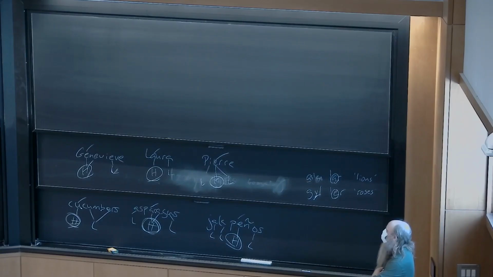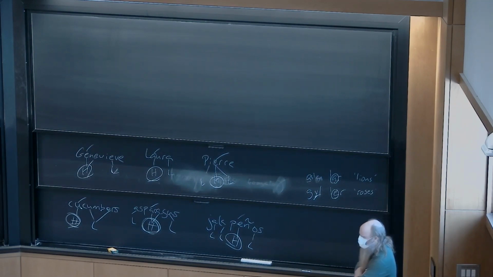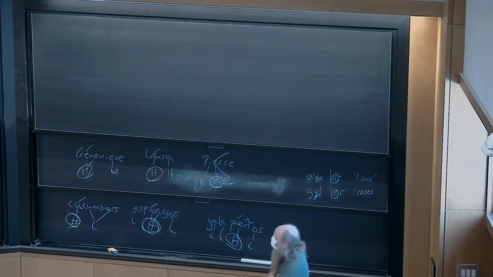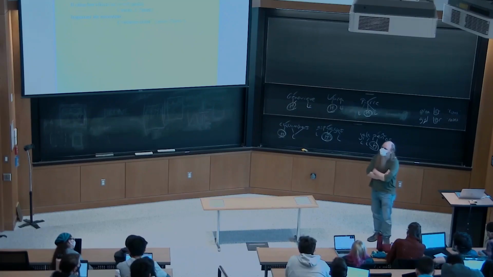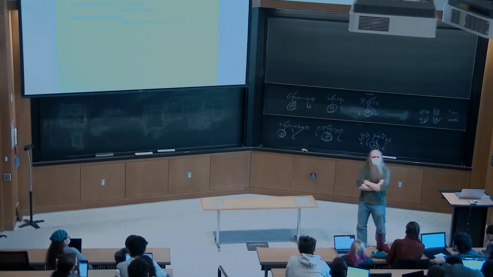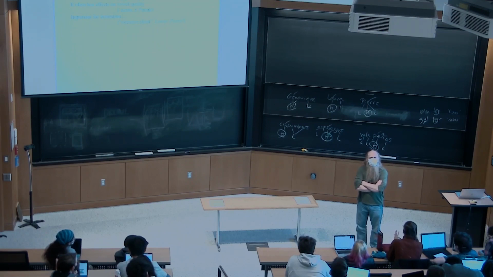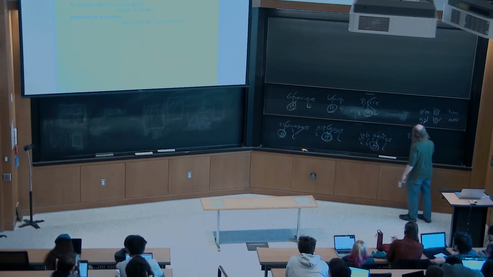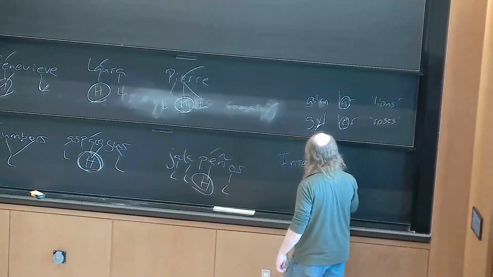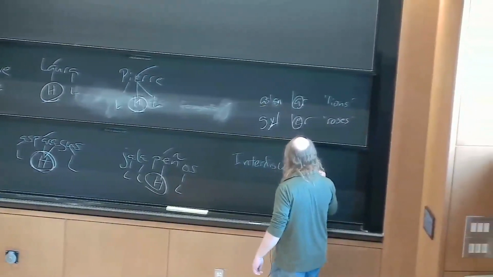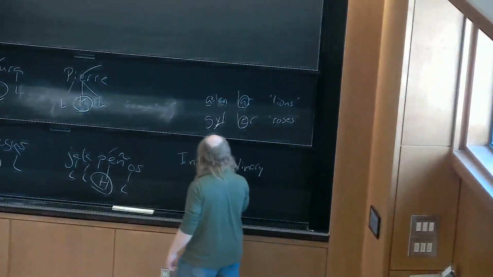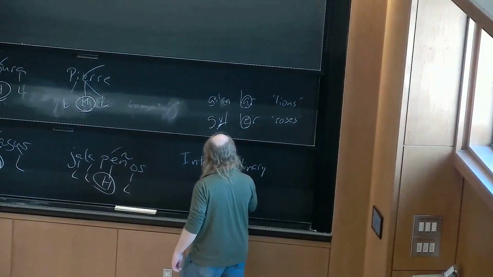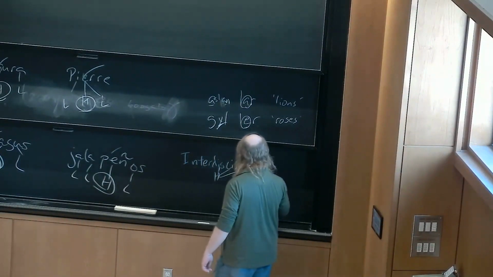So suppose I'm selling interdisciplinary, or suppose I've named my child interdisciplinary. Interdisciplinary. Is that right? Yeah, I think that's right. So that's a nice name for a child. Interdisciplinary, it's low here.